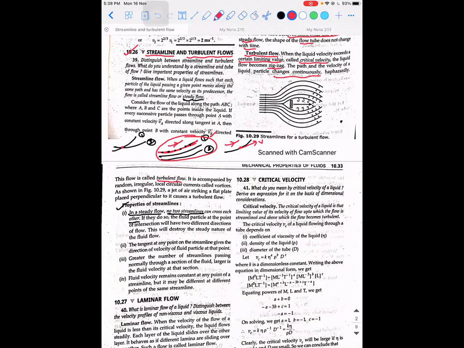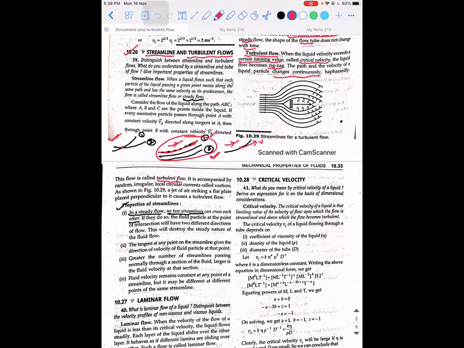In a similar context, I'm talking about the first concept, and I'm putting a tick here, when no two streamlines are intersecting. Whereas if they intersect, like in this case, how many tangents will I be able to draw at that point? I put a dot, that is a point of intersection.